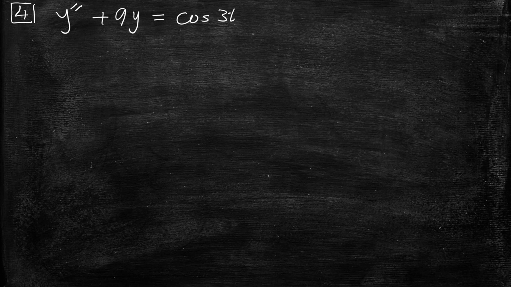So we have right now our example number 4. We have here the equation y double dash plus 9y equal to cosine 3t, given y of 0 equal to 2 and y dash of 0 equal to 5. Again, repeating every single step we did before.